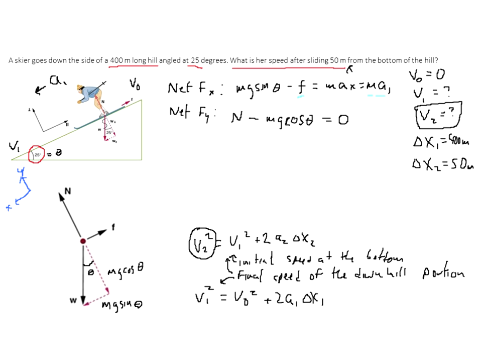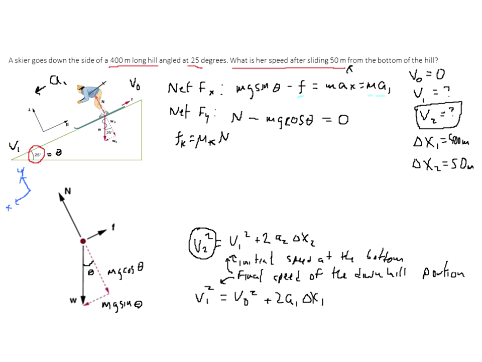So that equals 0. All right, and we also know that the kinetic friction force is equal to mu sub k times the normal force. So we can combine these things here.